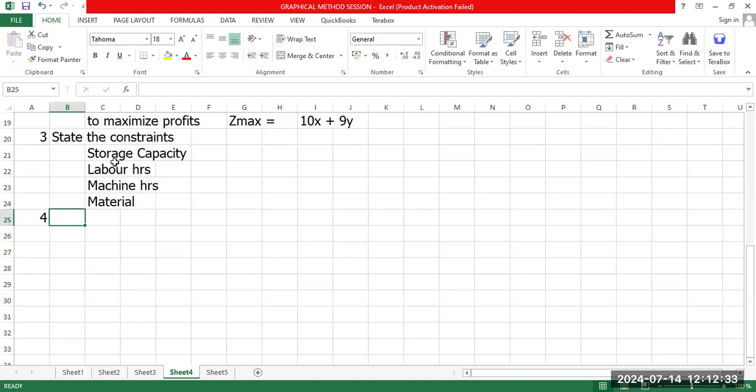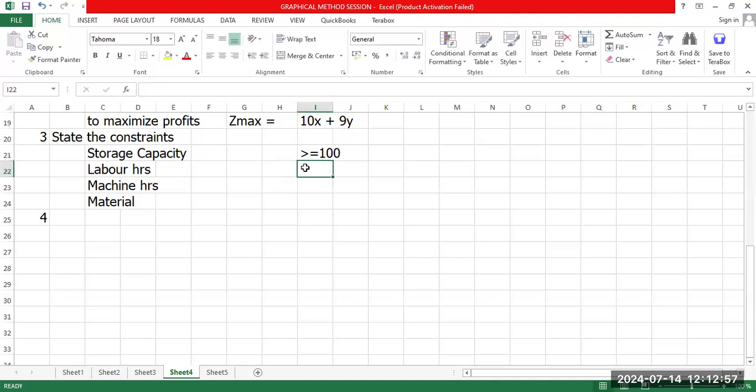Then lastly, once you state your constraints, of course, these constraints will be limited to some figures. If it is storage capacity, they will be telling you that the capacity available is, let's say, less or equal to 100. You cannot exceed 100. They can tell you that.